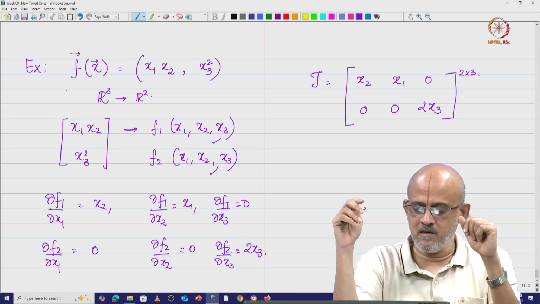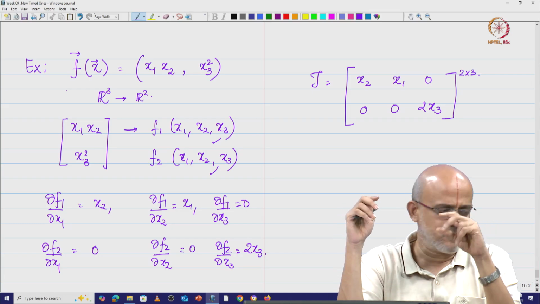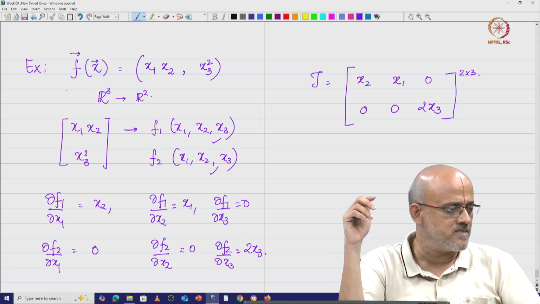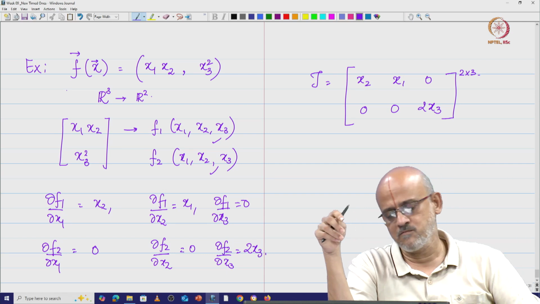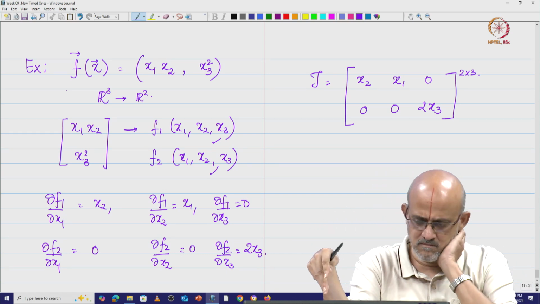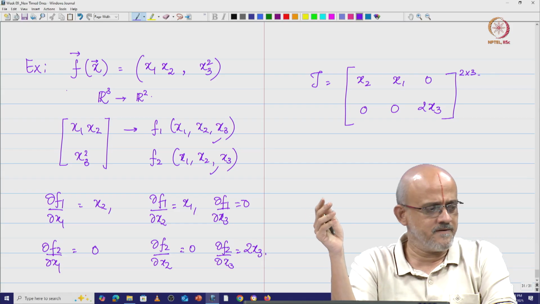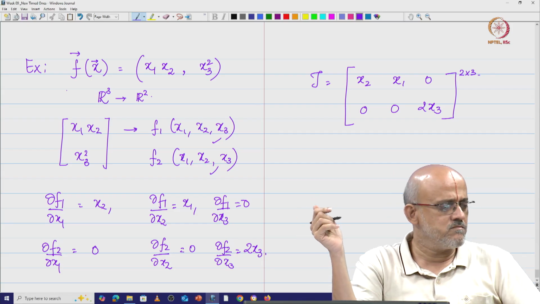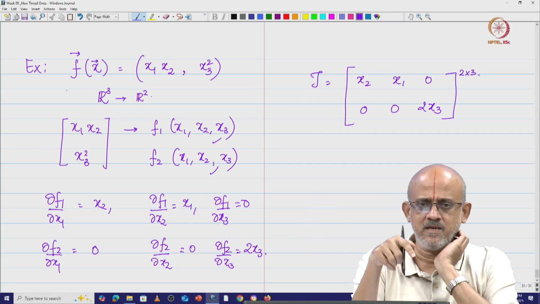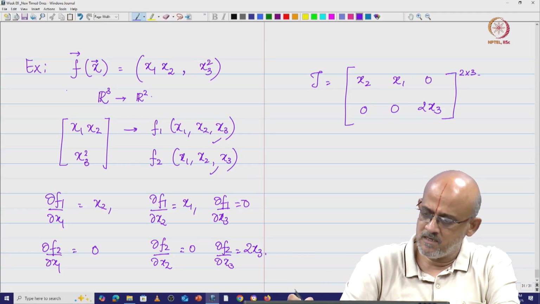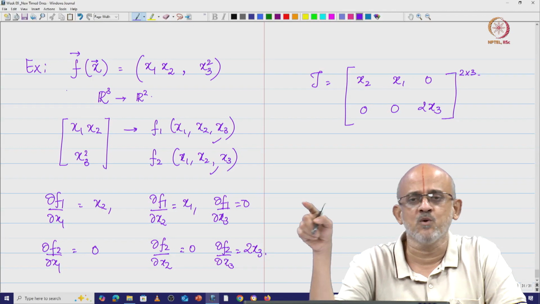Now, there are two things that we need to look at as far as the Jacobian matrix is concerned, in terms of how you put the gradients in the matrix. In all these cases we have put the gradient as a row vector.